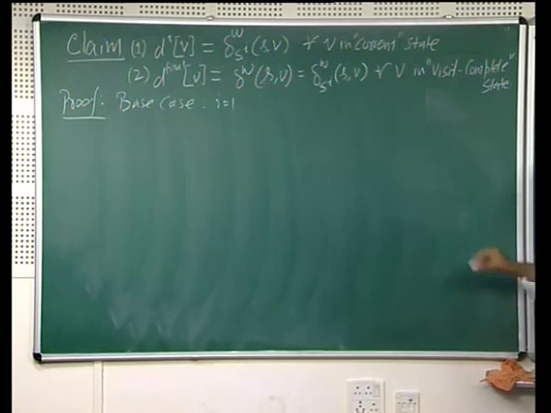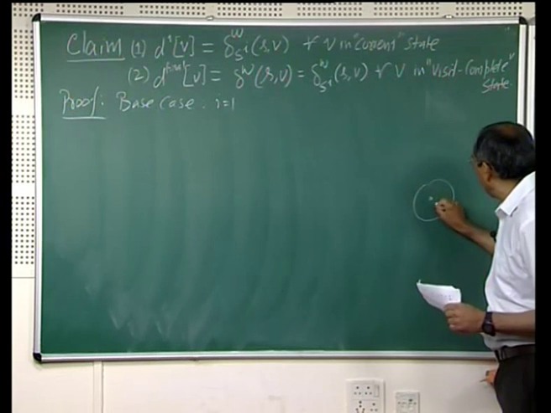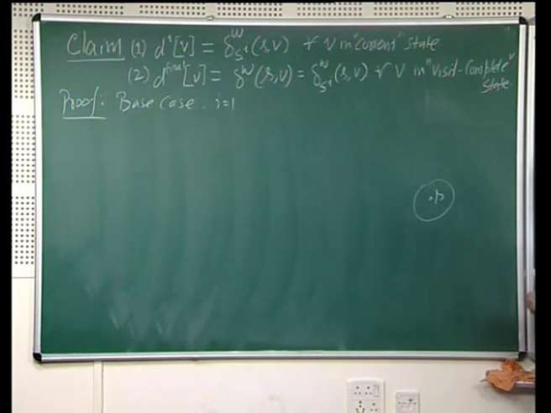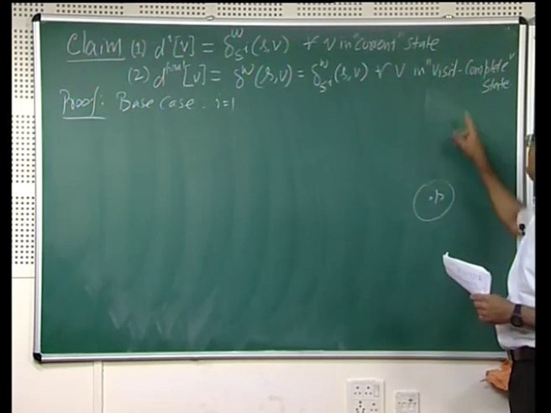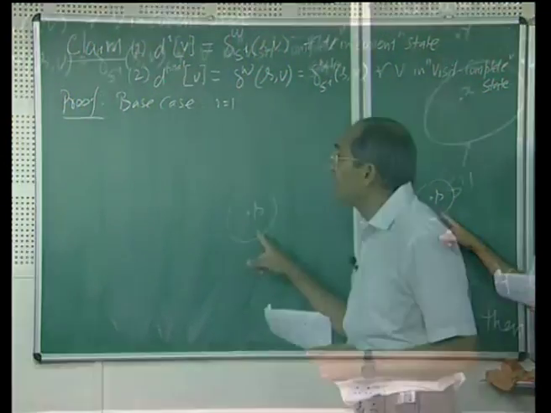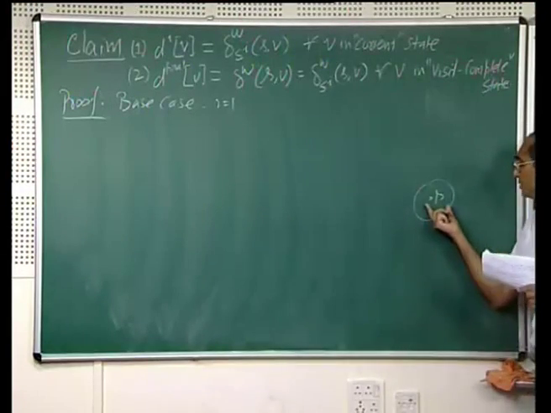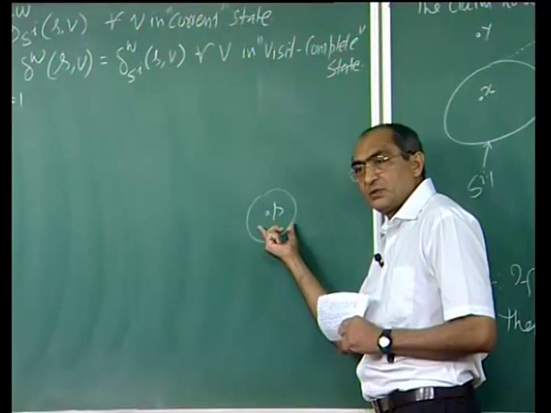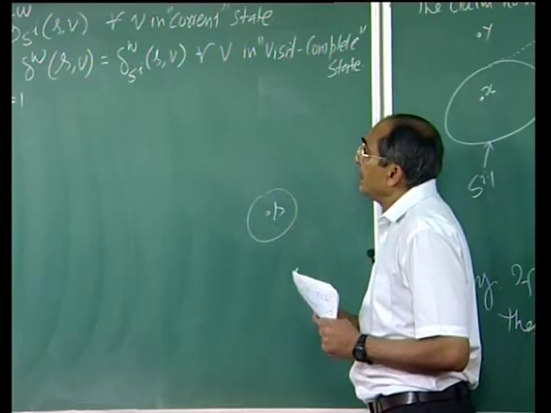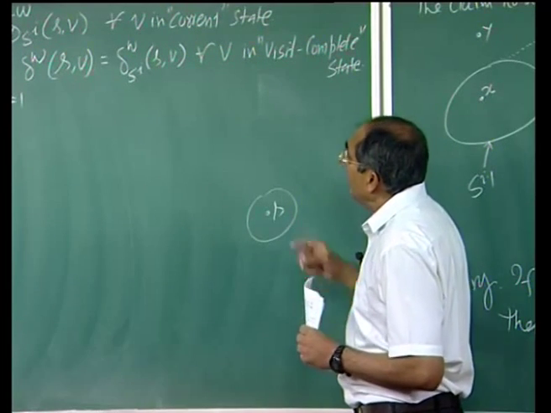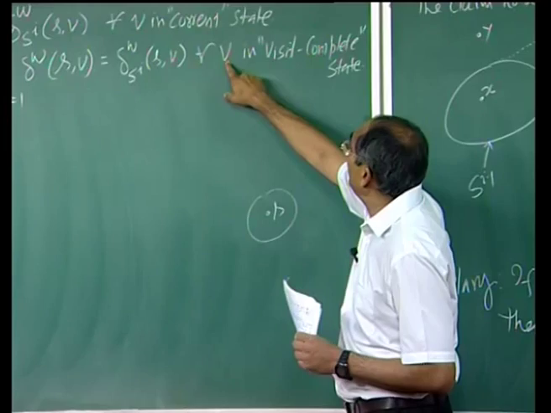In that case, you have your S1 containing only S, the only vertex in visit complete state, at the end of the first iteration. So, the only vertex that qualifies to be in S1 is S. So, the vertex for which we have to check this is S.